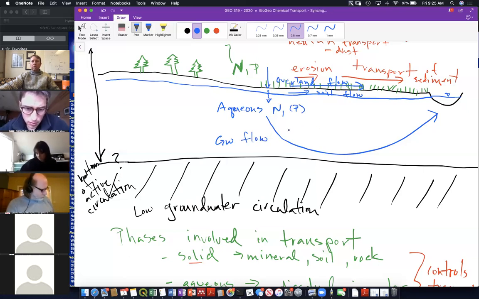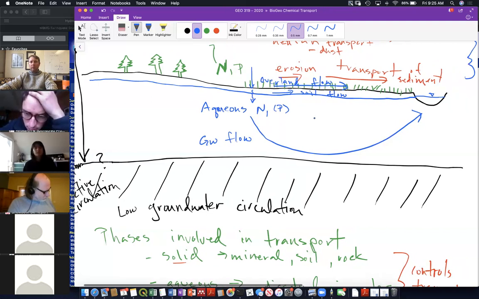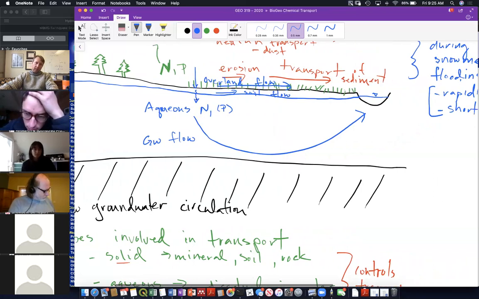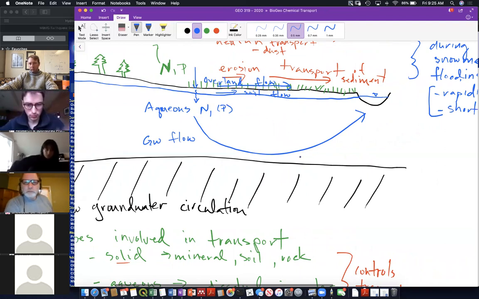Okay, so when we add these things to our hydrologic system, we can move them via soil flow and via groundwater flow. One of the things that happens along the way, and one of the reasons why phosphorus doesn't get transported all that much, is that even if we dissolved it at the surface, we get a process that's called adsorption.